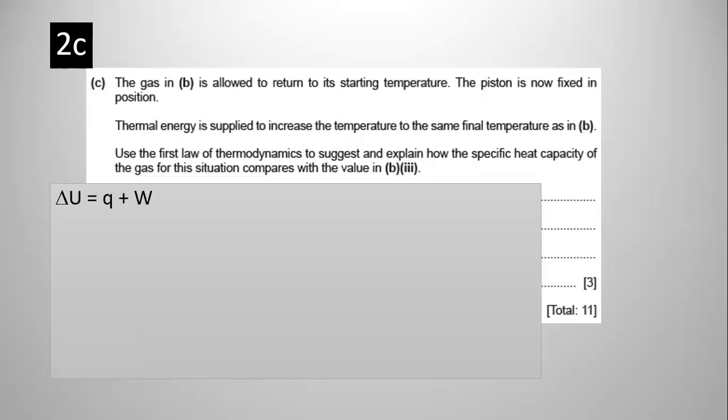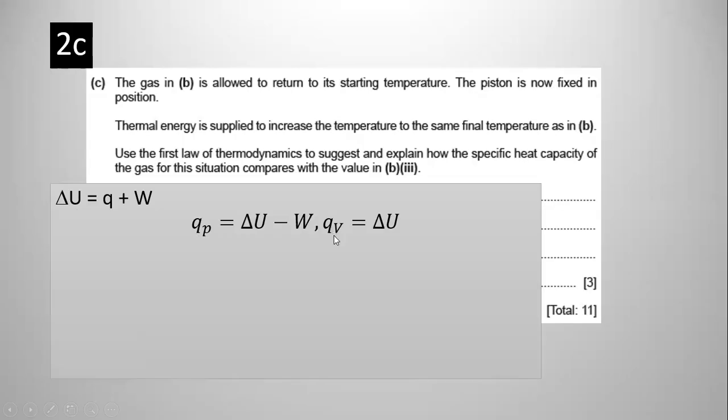That's your first law. So you want to find Q. Q is delta U minus W. Remember this is a gain in internal energy. In the constant pressure case there is work done on the system. This one has no work done.